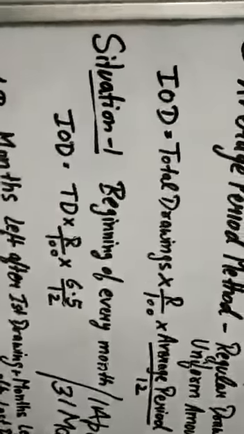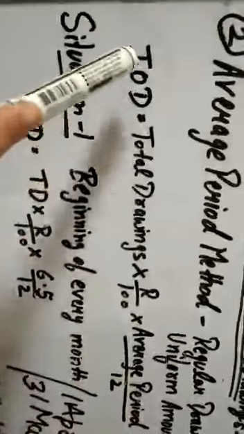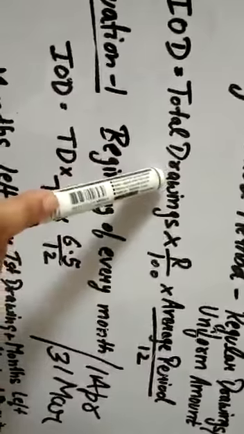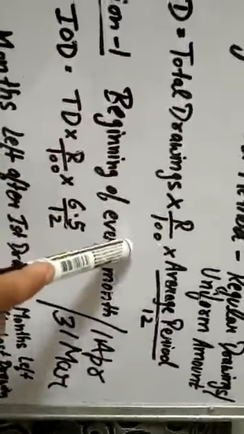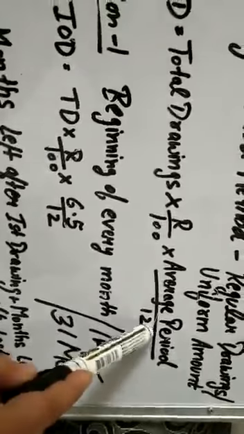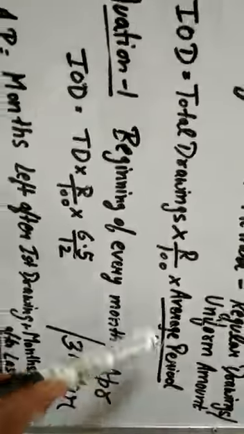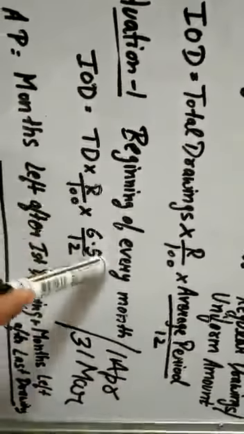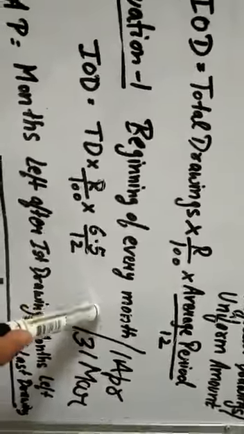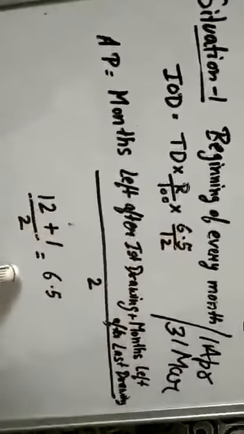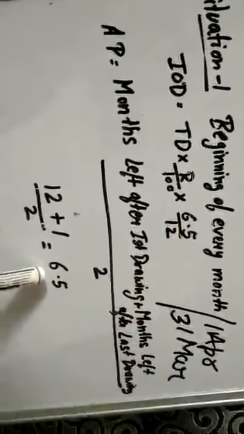Then put this average period here and your interest on drawings will be calculated. You have to write total drawings, then rate, and then average period divided by 12. And if the situation is the beginning of every month, your average period will be 6.5, because I have told you how we calculated this 6.5.